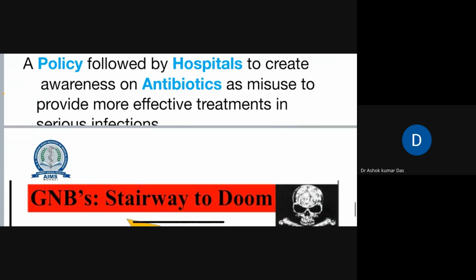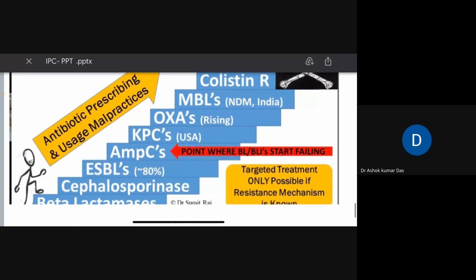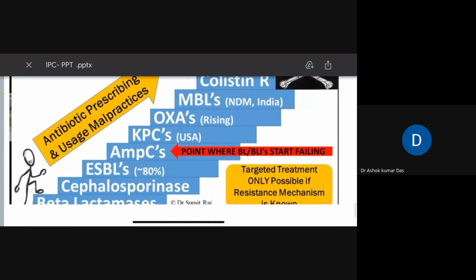What is happening now is that earlier, in 1940, when penicillins came, people were so happy, and it was a miracle drug. But later, slowly, newer classes came, and cephalosporins were over-the-counter drugs, given without any prescription, and we started observing resistance to these drugs.